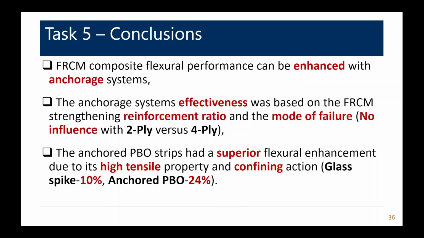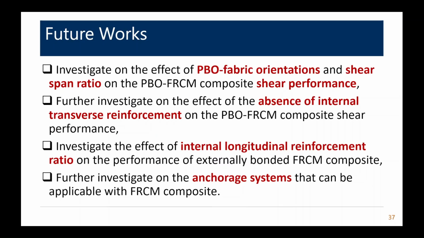And you can see we got 24% more capacity with the U-wrap, 10% more capacity with the other. But in some ways, what's more important is the post-peak behavior and getting a little more ductility out of your system.